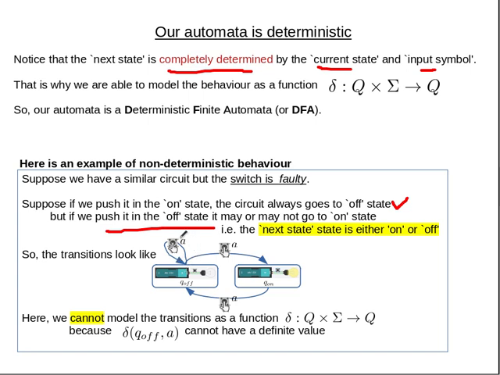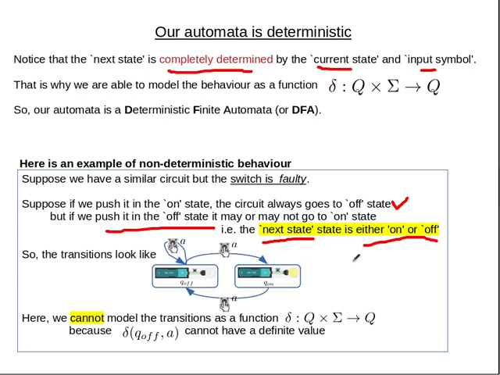It's a very artificial example, but anyway. That means from the current state and the given current symbol, which in our example is always a, the next state can be either q off or q on, right? It's either on or off. So that means it's not uniquely defined. We have a non-determinism here.